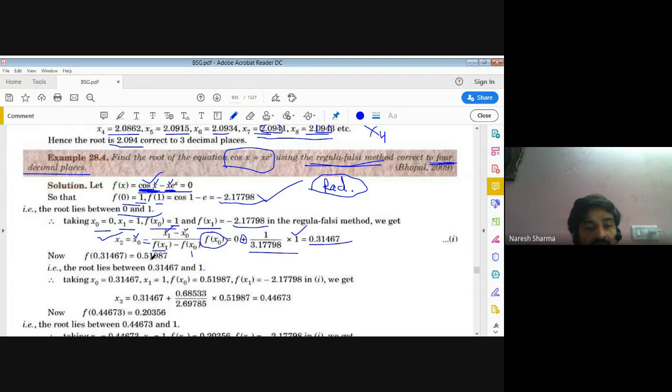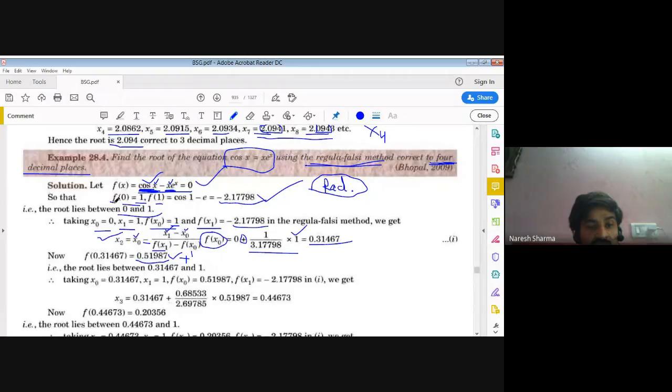Now once you get the root, you put the root in your function. Once you put it in the function, you get the value 0.51987. If you see, this is positive, so you check the previous roots where you got the positive value.